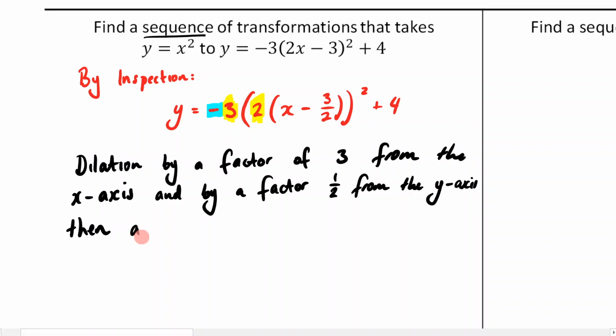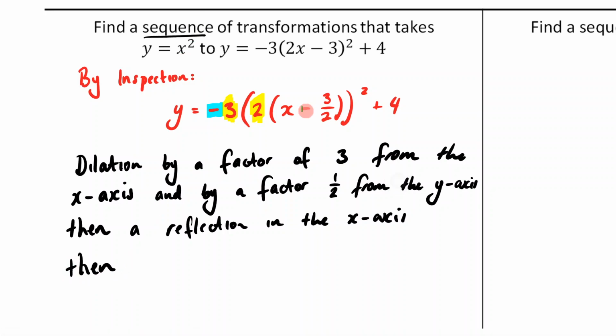So then a reflection in the x-axis. Then we're going to do our translation. So notice the language then again. Our translations are going to be this and this. Now again, we have to be careful when we're reading these off. This right here is going to be 3/2 units in the positive x direction.